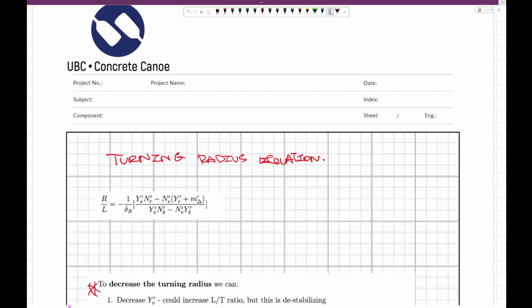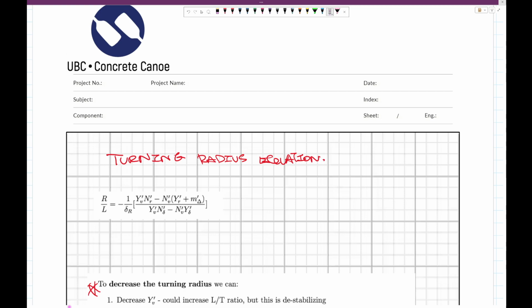It is basically noted as the minimum turning radius possible, depending on your boat shape, your rudder angle, and the mass of the canoe. If you had a rudder in the back, but that is not the case for us.